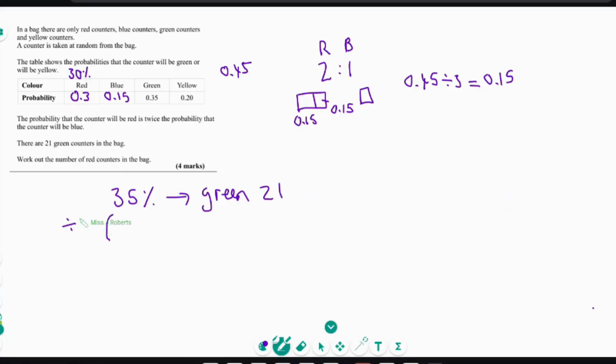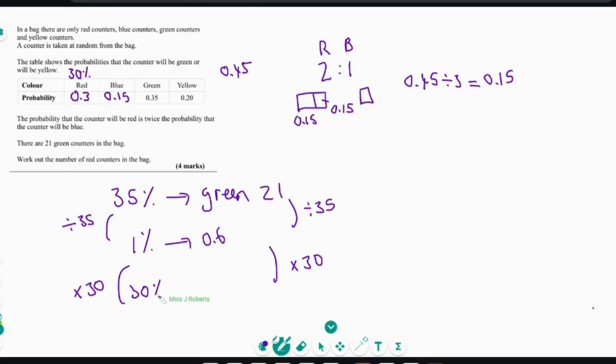So if I divide by 35, that gives 0.6, times by 30. 18. So 18 are red.